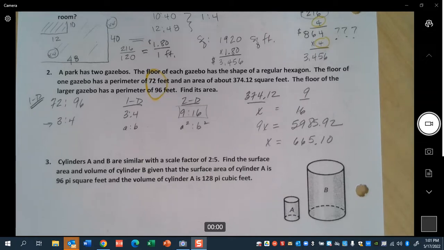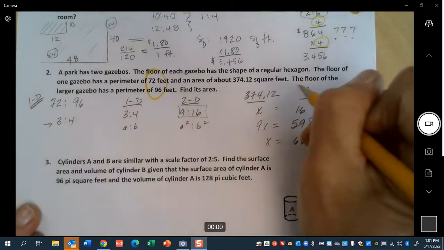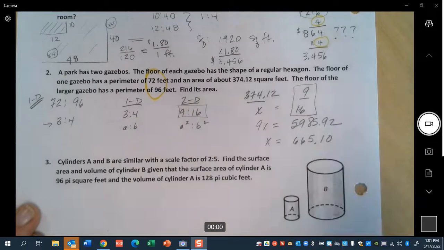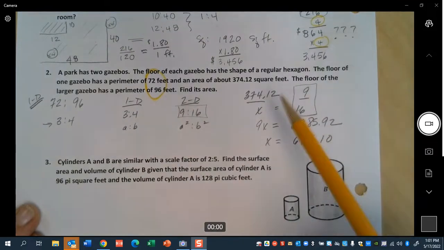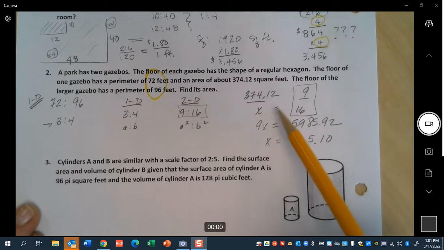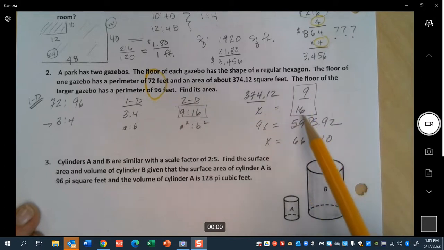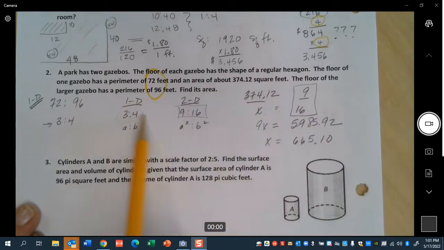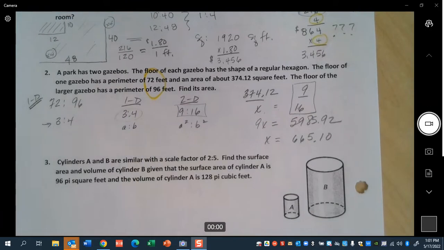I'm going to use a 9 to 16 scale factor. So when I do that, here's my scale factor of my areas, and I set up my proportion. My small to big, this is what I'm looking for, is equal to my small to big. I'm not using 3 to 4 because that's my 1D story.